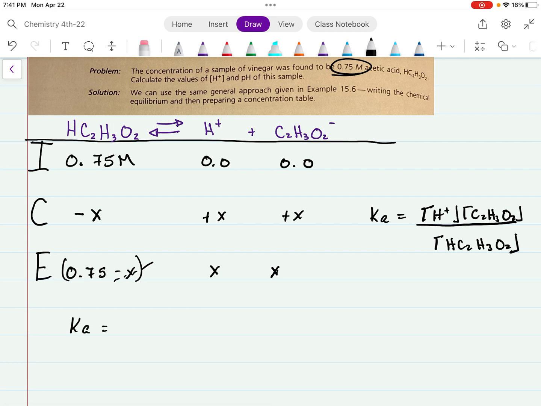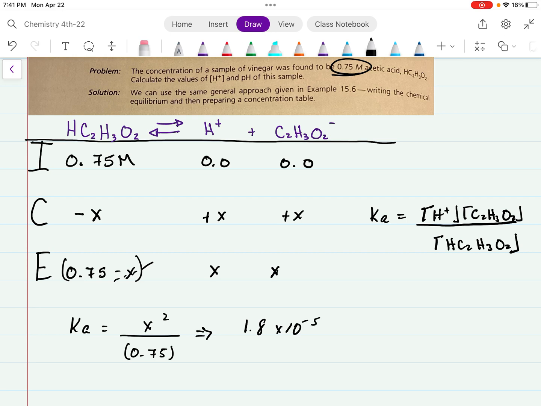Ka is equal to x squared over 0.75. Okay, now the Ka for this acid isn't given in the question, but there is a reference chart that we look up, and it actually gives us the value of the Ka for acetic acid, and that value is 1.8 times 10 to the negative 5.